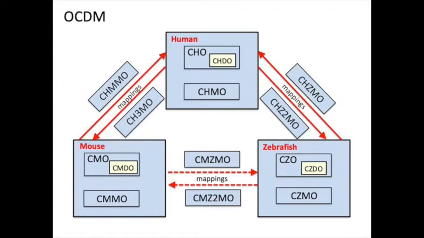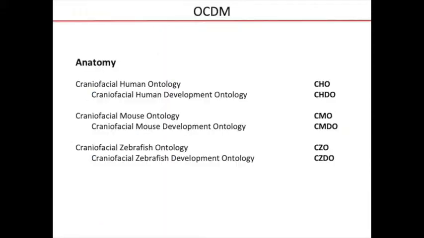We start with the human ontology, and then there is a mouse and zebrafish, and within those there are sub-ontologies for different aspects. At the beginning we have the adult and developmental normal anatomy for all three species. So that is the craniofacial human ontology, craniofacial human development ontology, mouse ontology, mouse developmental ontology, and the same for zebrafish.